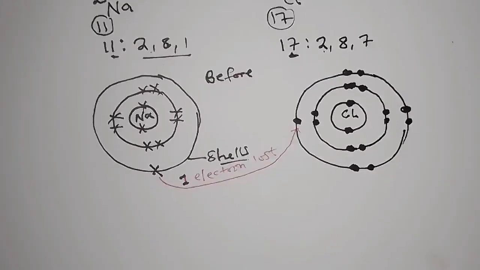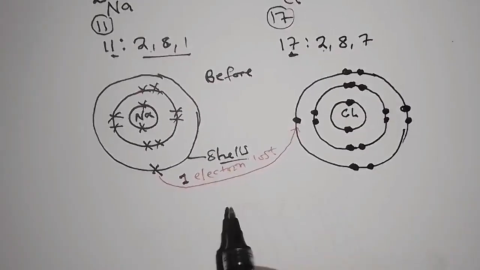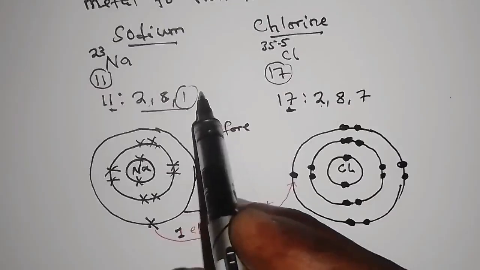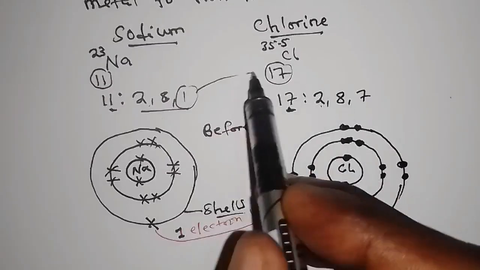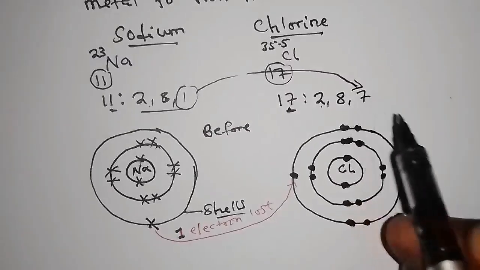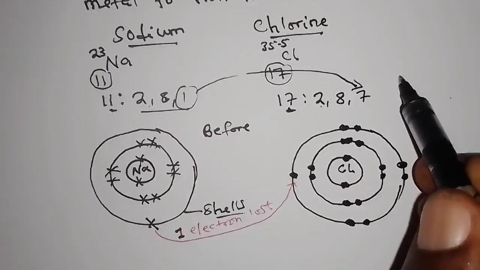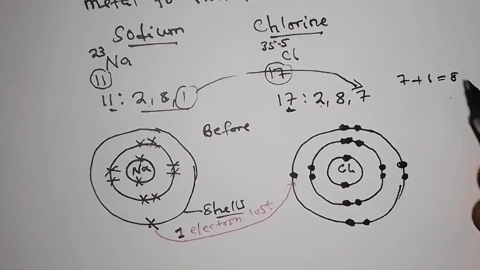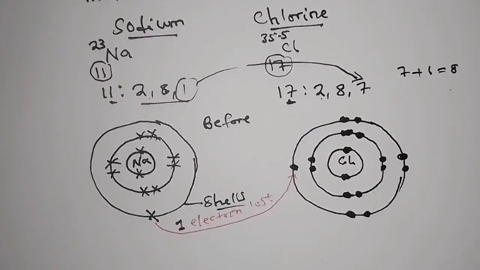Now the most important thing is that this 1 electron is going to go to the chlorine and be added to the 7 there. So the 7 becomes 7 plus 1, which is 8.